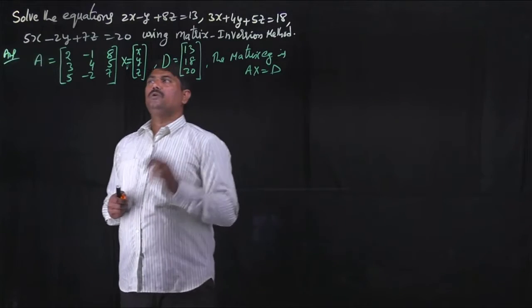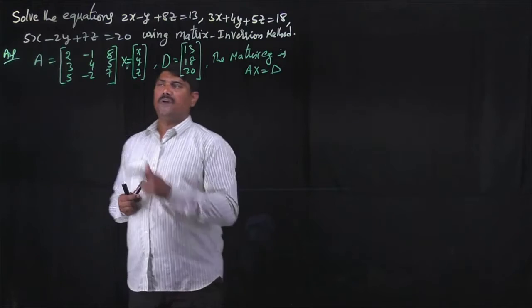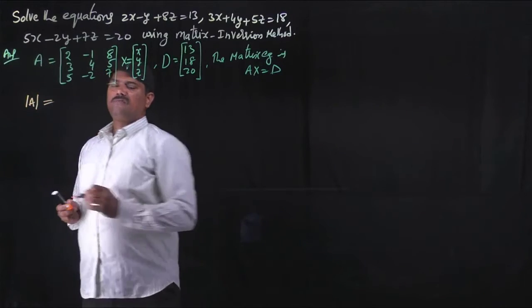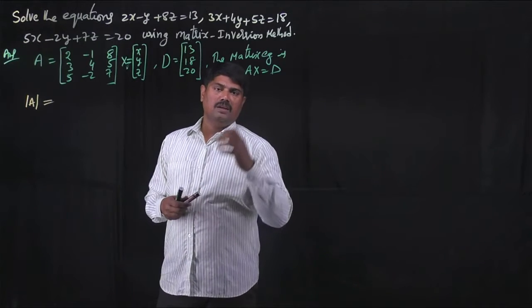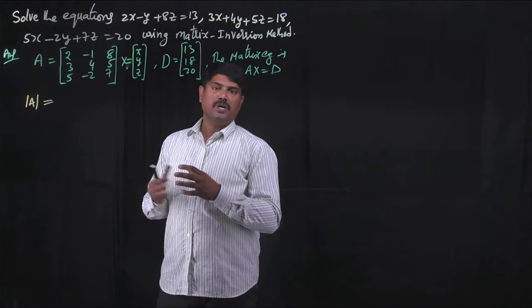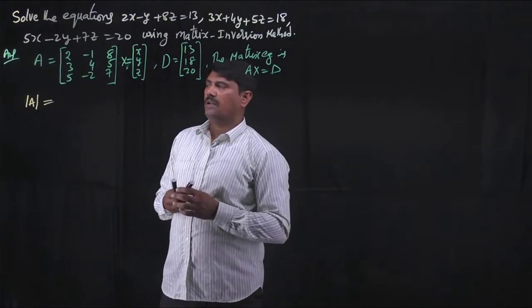So, in the matrix inversion method, first we have to find the determinant of A. Why? Because only non-singular matrices have an inverse. That's why first you have to check whether the coefficient matrix is non-singular or not.